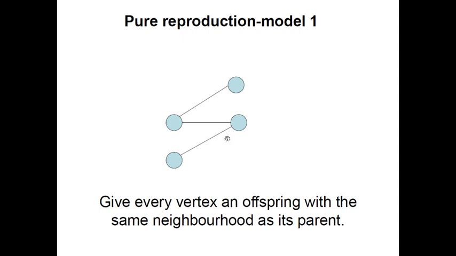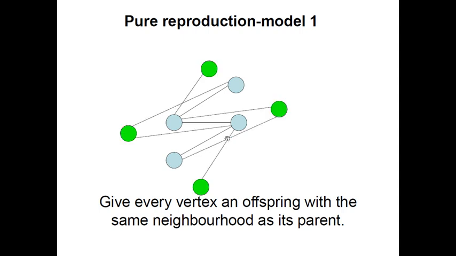And then the idea is that we just keep updating the system again and again. We keep imagining that these vertices just carry on reproducing. And so this is the network on the next time step. And we can imagine the system continuing to evolve in this fashion. I think there are a few different systems which work like this.